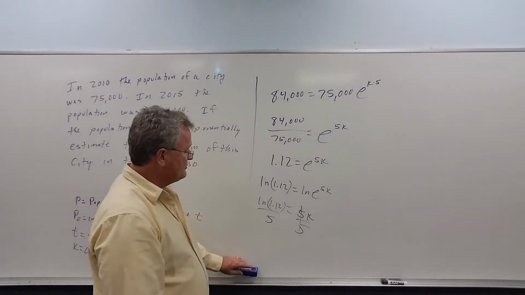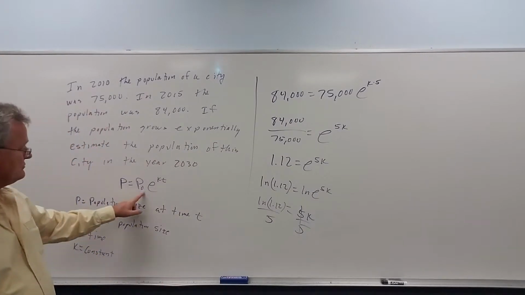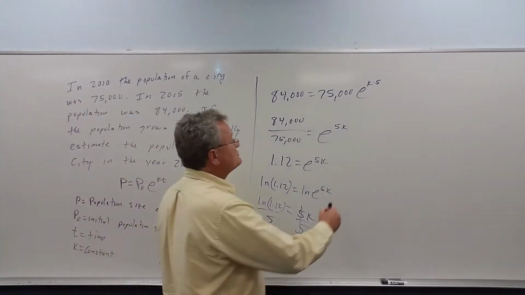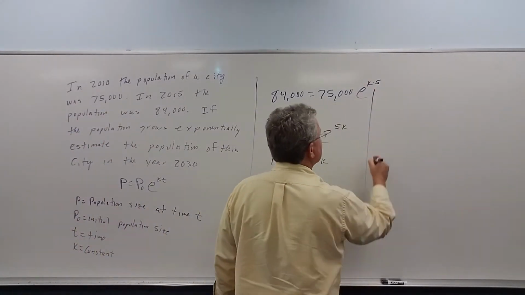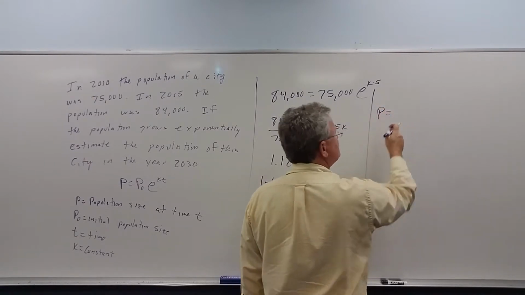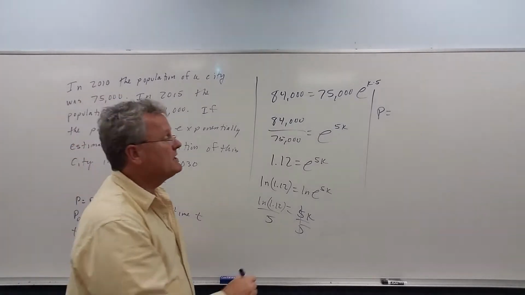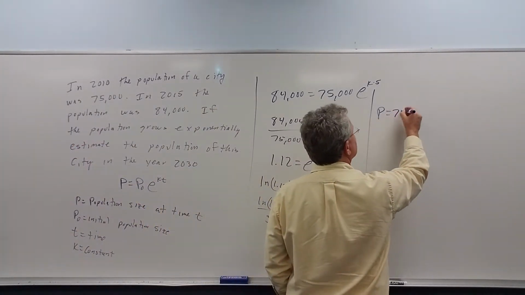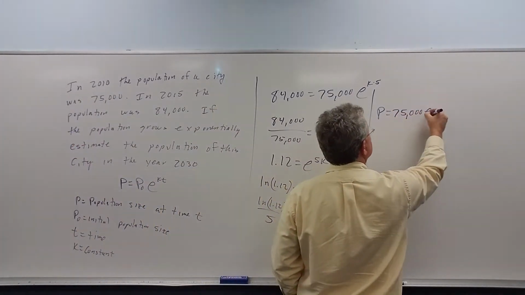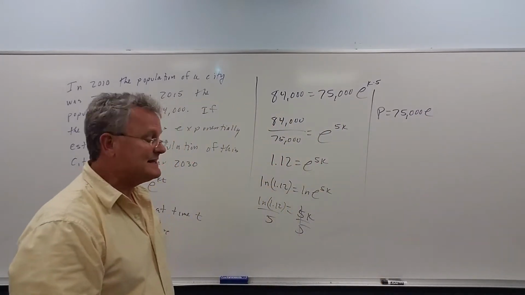All right, now we go back and substitute that into here. So now our equation is P equals the beginning population size, which for this problem is 75,000, times e to the kt.